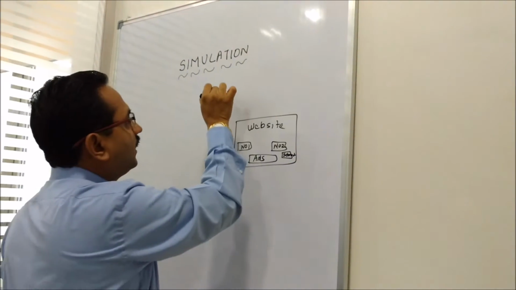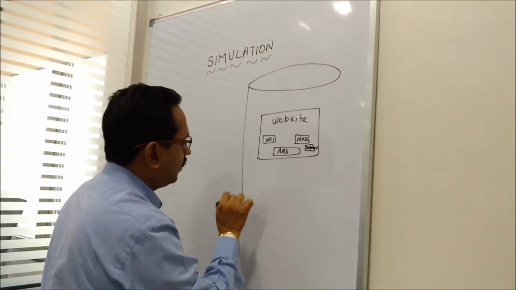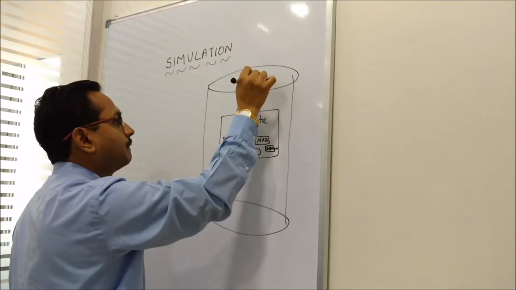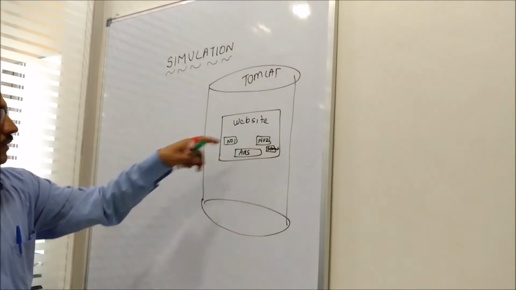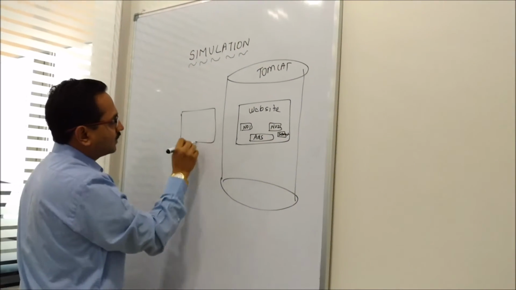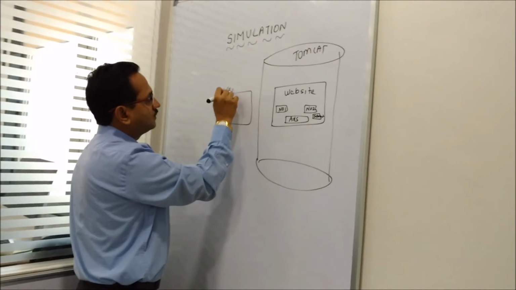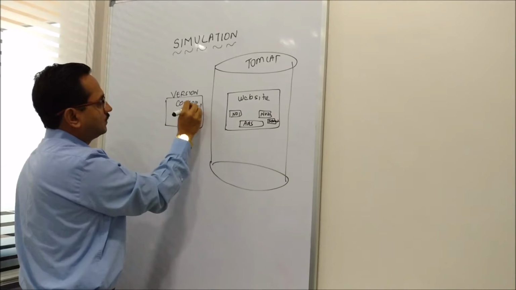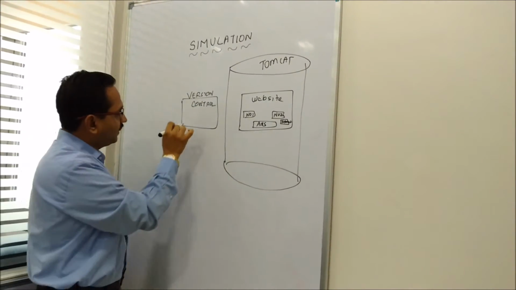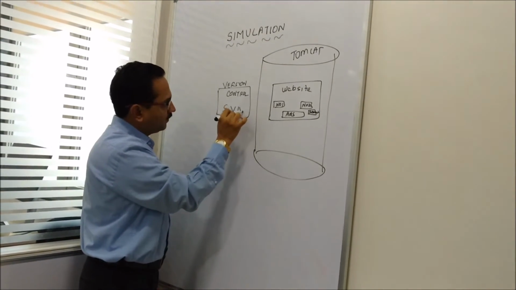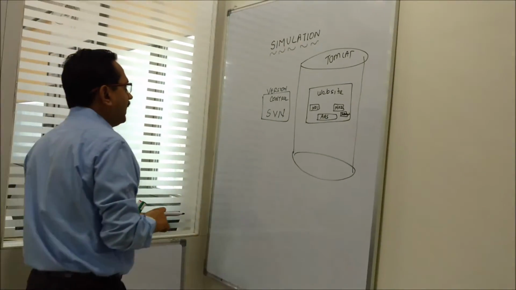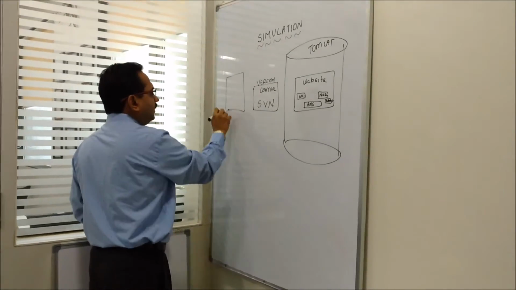Now this website I am going to deploy on a Tomcat server. So we have a Tomcat here. The code files will come through version control. We will use SVN because its setup is very simple, so we will use SVN for version control, and we will use a simple IDE.